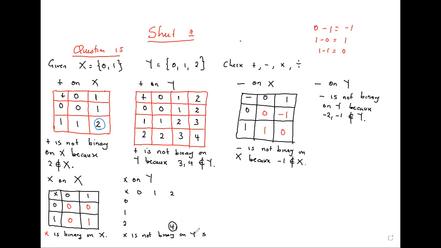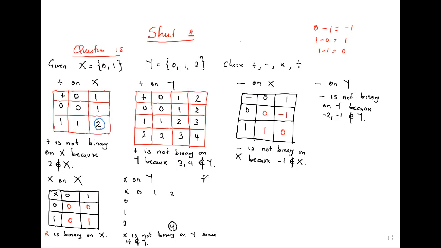And why? Since 4 is not in Y. Like that. So you need to just find one number that does not lie there. Then you know, oh, it's not binary. You can even validate your answer by saying it's not binary because of this.